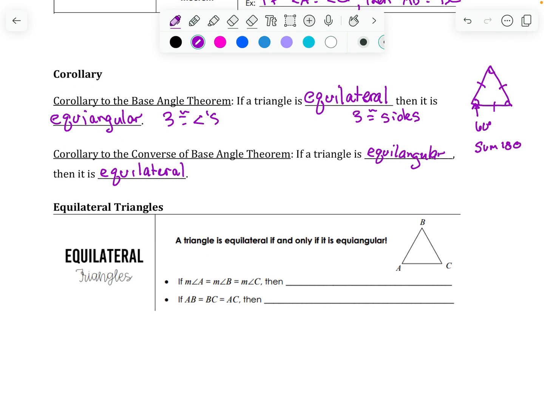So a triangle is equilateral if and only if it is equiangular. So here we say angle A equals angle B equals the measure of angle C, then we know that sides are equal. And if we know the sides are equal, then we know the angles are equal.